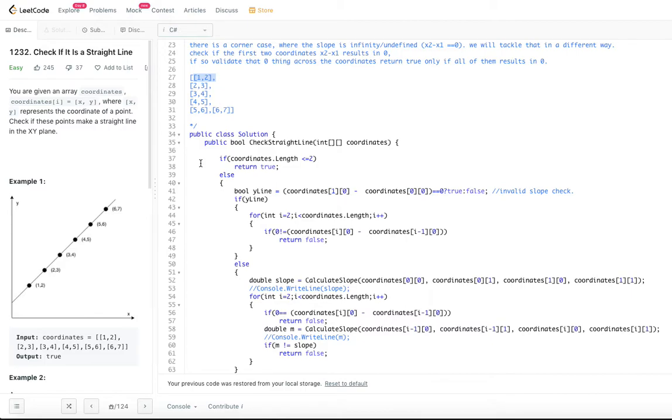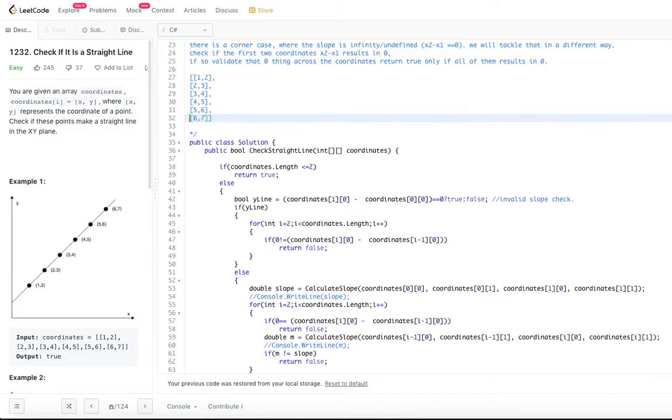In the first row, the first value corresponds to x and the second corresponds to y, in the same way. So this is x1, y1, x2, y2, x3, y3, x4, y4, x5, y5, x6, y6, because there are 6 points here. Likewise, now we are checking whether the slope is valid or invalid.